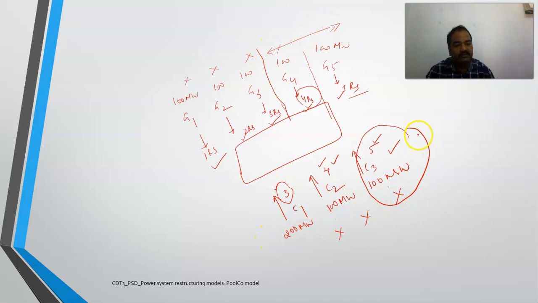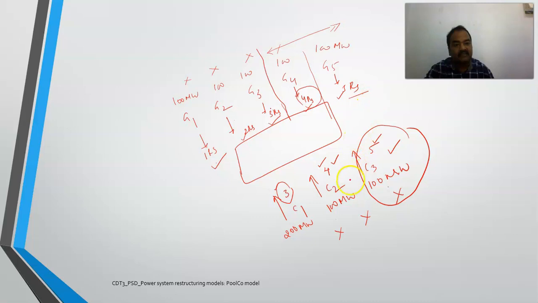This is the biggest problem with the pool. The people who provide electricity at a cheaper price will be benefited. That is the advantage. If you offer electricity at a cheaper price, you will find some buyer. If you offer electricity at a higher price, then you won't be selected. That is a problem with Poolco.